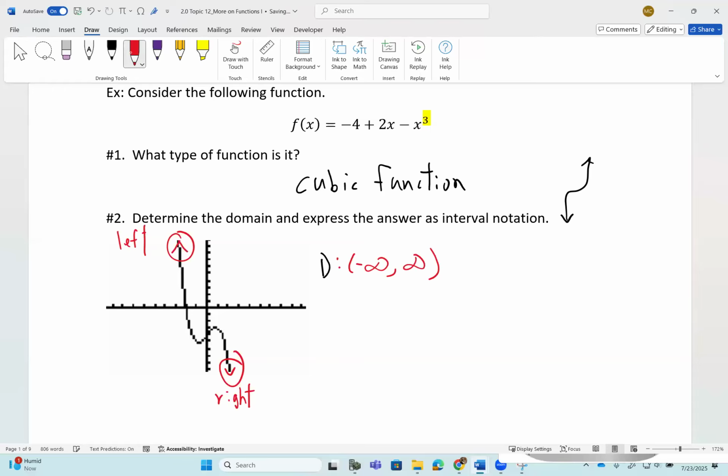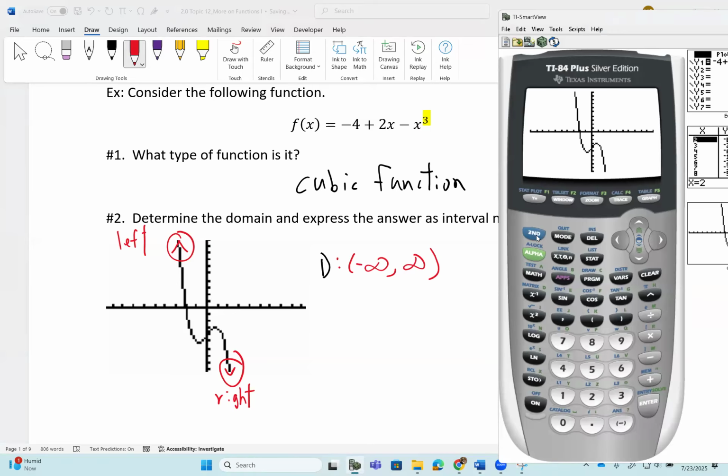So your x values on this function exist from negative infinity to positive infinity. If you don't believe me, we can go to the table, second graph, which is referring to the table. You can go down and see the x value keeps on going. You can go back up and see the negative x value keeps on getting more negative.